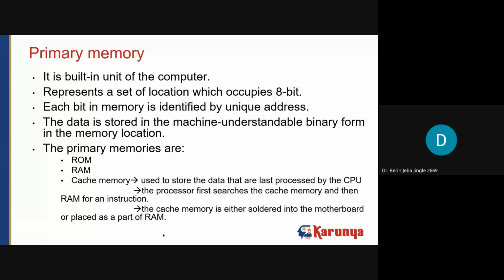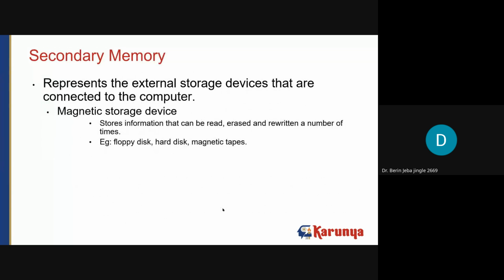The cache memory is either soldered into the main motherboard, or it is a part of the RAM. Some cache memory is integrated in the motherboard, and some is a part of RAM. So these are about the primary memory. Then we can go for secondary memory.